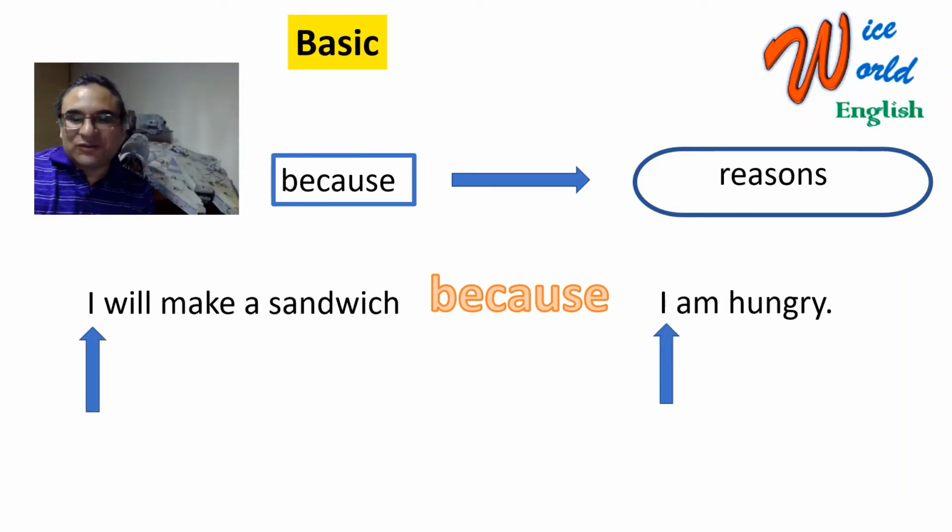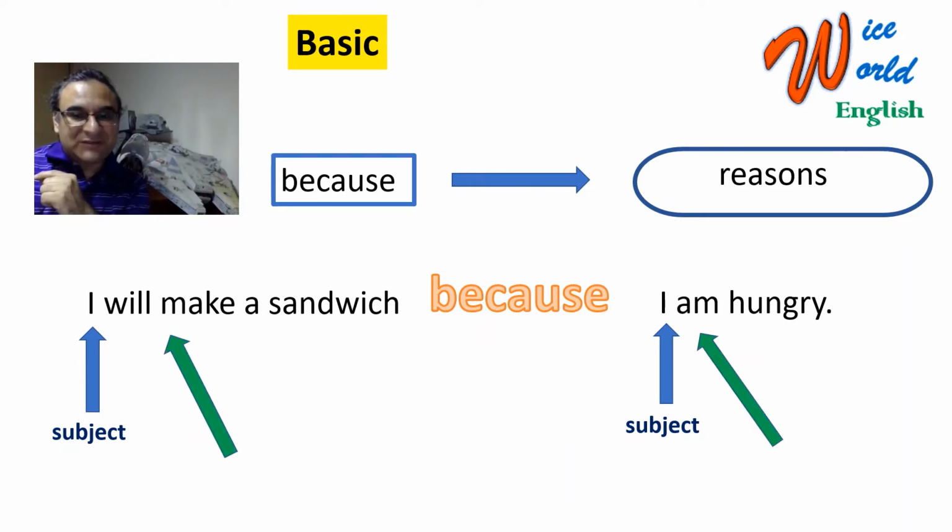And remember that we're talking about two clauses. So you will see two subjects and you will see two verbs, right? Okay, so that's the correct way to use the connector because. Okay, so look at that, two subjects and two verbs.